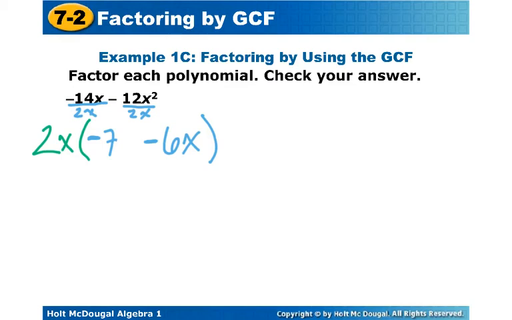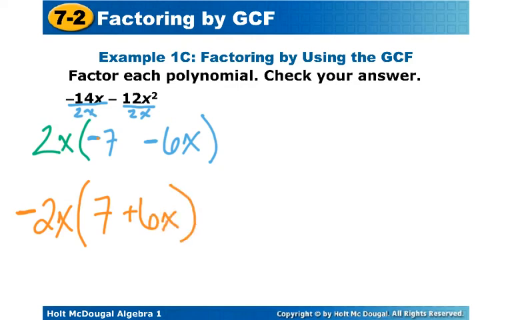So in this case, this is not fully simplified yet because both of them have that negative term. So I'm going to now take out a negative value. So now if I take out a negative 2x, okay? Taking a negative out of this negative gives me a positive 7. Taking a negative out of this negative also gives me a positive 6x.